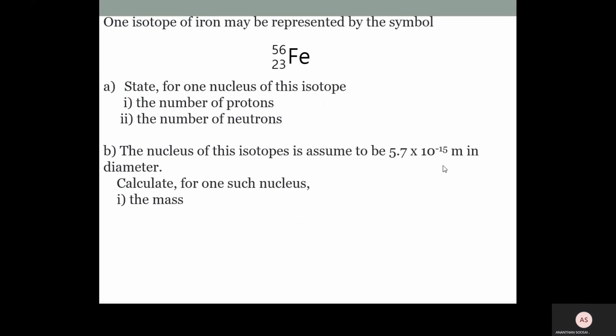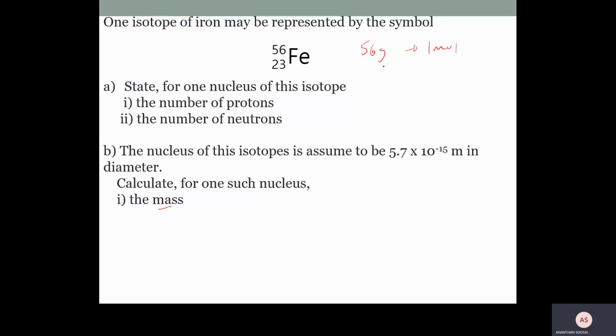What is the technique? If you find the mass, okay, this is another method. Find the mass of what? Mass of one nucleus of iron. Which contributes mass, nucleon number or proton number? Of course, nucleon number. 56 gram we know is for 1 mole, divide by Avogadro constant, you can get the mass of one nucleus.